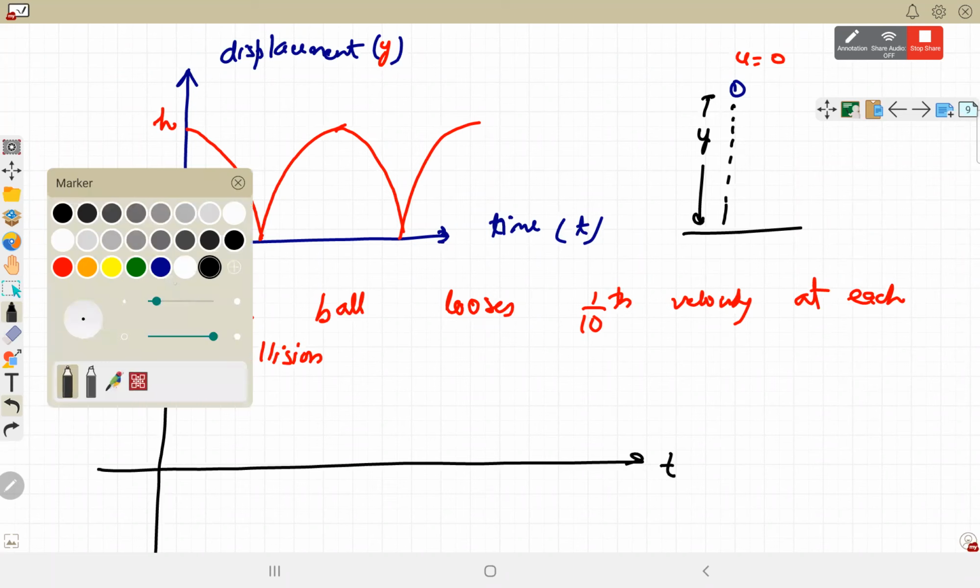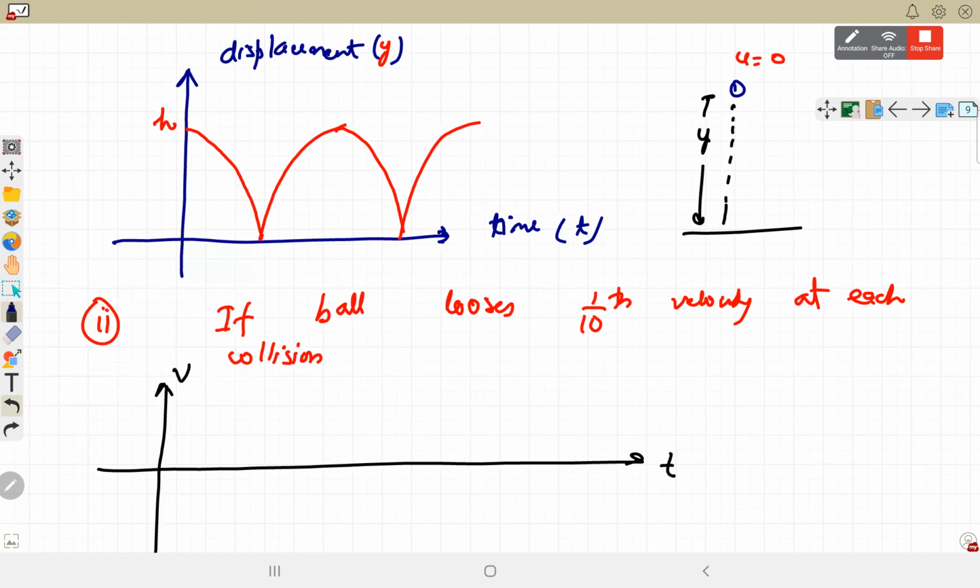सर ये स्टील बॉल कैसे बाउंस कर सकती है? हाँ बेटा, स्टील बॉल तो हमेशा बाउंस होगी.